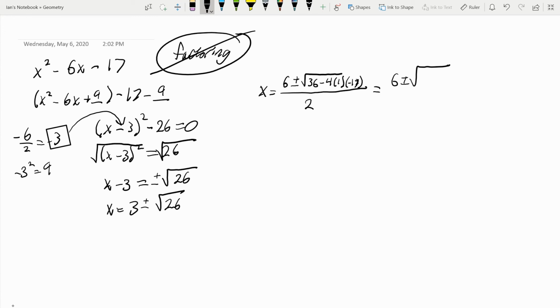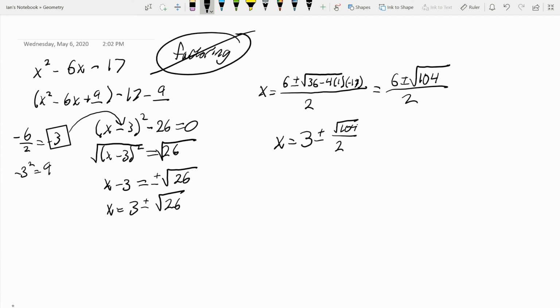So 36 plus 4 times 17. 4 times 17 gets us 68 plus 36, square root of 104. All divided by 2, which gets us x equals 3 plus or minus the square root of 104 divided by 2.